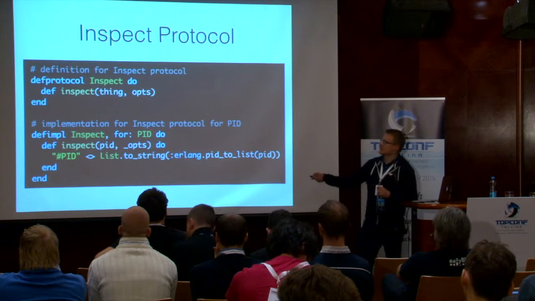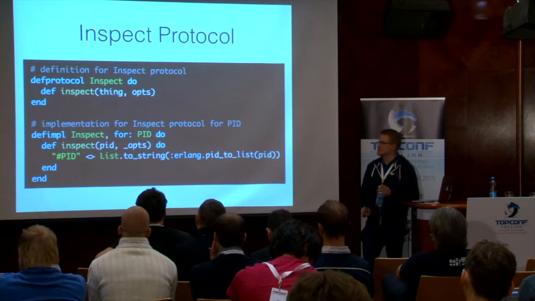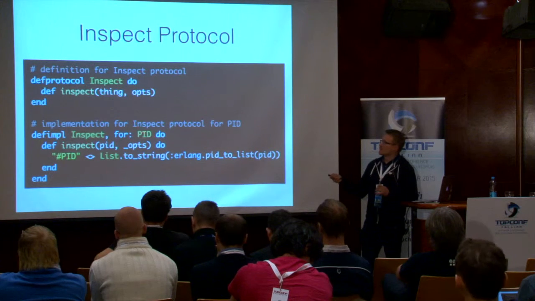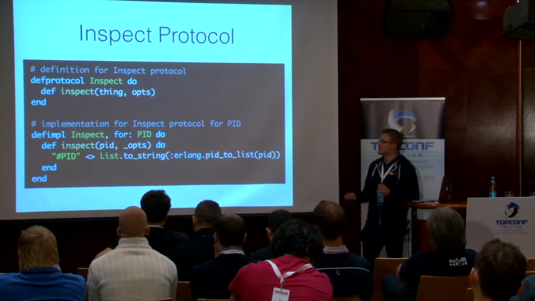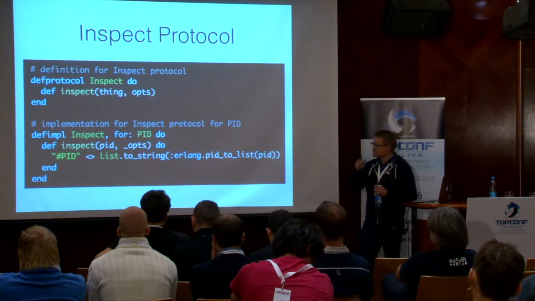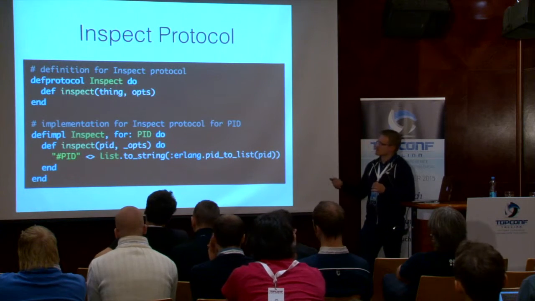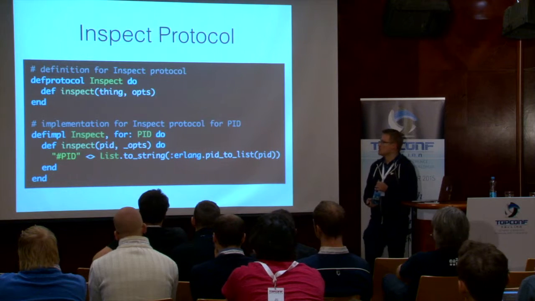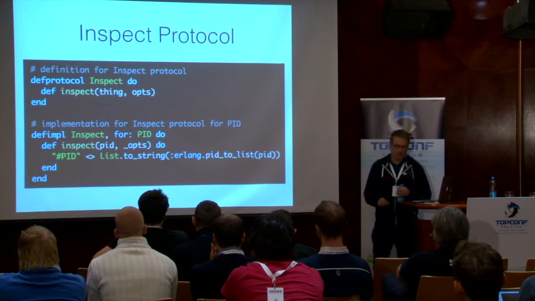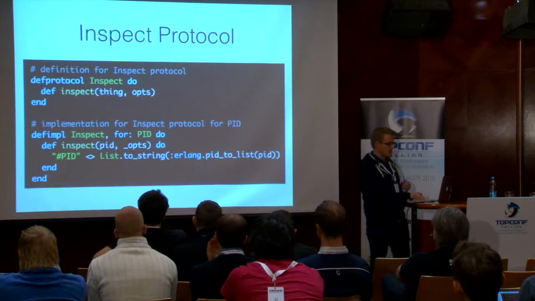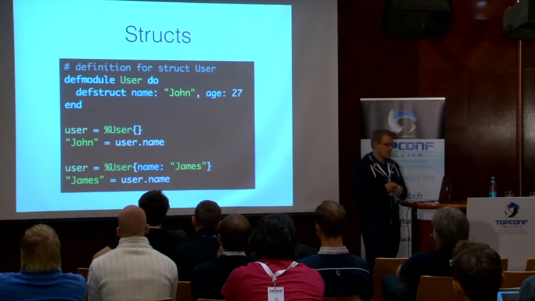And here is then the protocol implementation for type process ID. And this is actually a really cool feature in Elixir. I will show another example of it still.